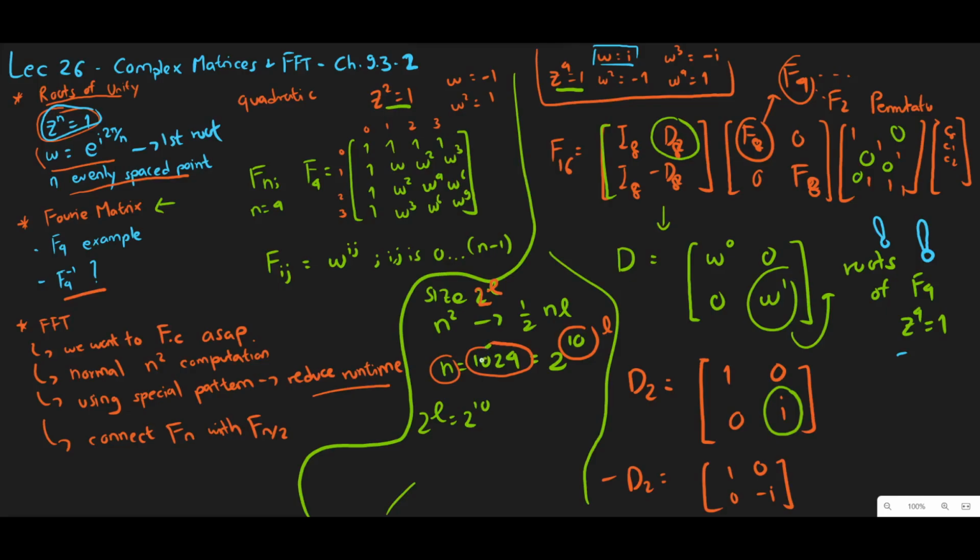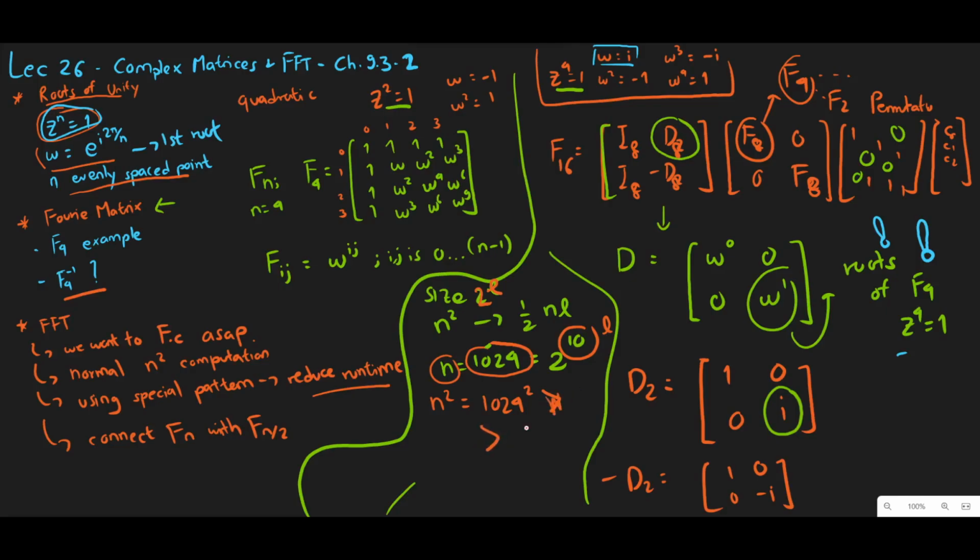In this case, a really practical, frequent example is when we need a Fourier matrix of size 1024, which is 2 to the 10. This is the L. Usually we need n squared computations, which is over a million, a really big number.